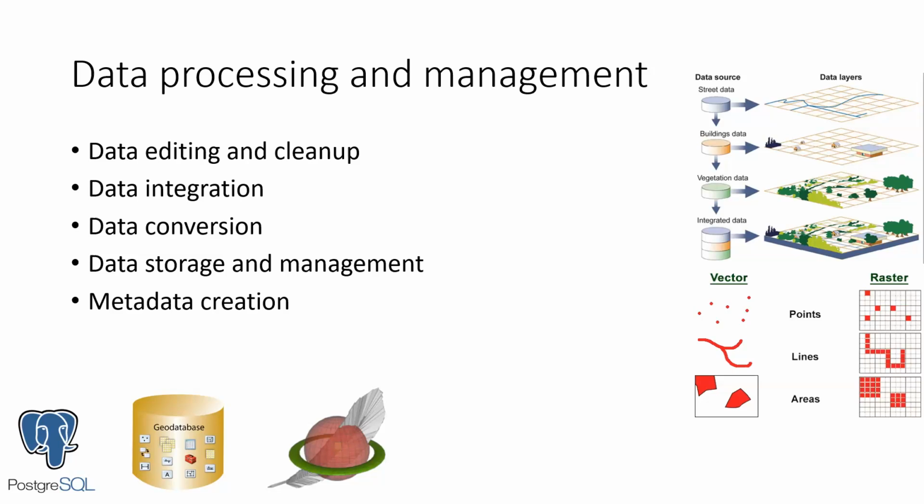Data conversion. When you source your data, it comes in different formats. And when someone does further training on GIS, you realize that GIS systems can read data in what we call the vector format and the raster format, which I've just shown in this image here.